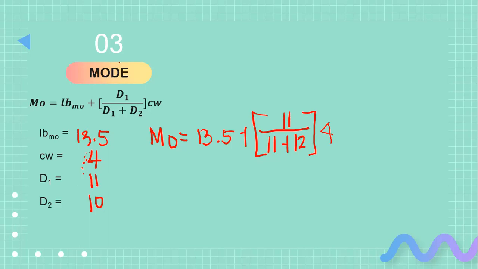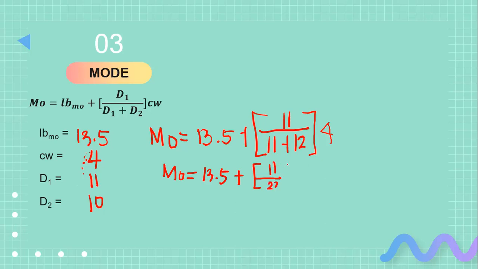So MO is equal to 13.5 plus 11. 11 plus 12, class, how many? Okay, very good.